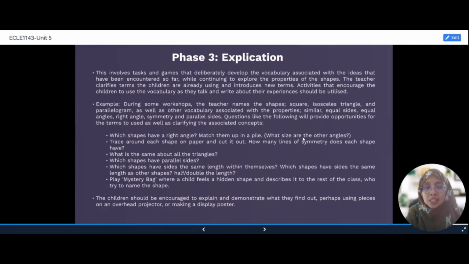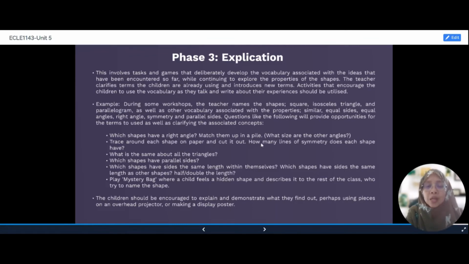Next is explication, or we call it attention to details. Dia nak tengok benda tu betul-betul, okay, kalau yang ini ada berapa angle, yang ini macam mana nak bentukkan, what is the same about all the triangles, dia ada berapa ciri, berapa sudut, berapa semua.